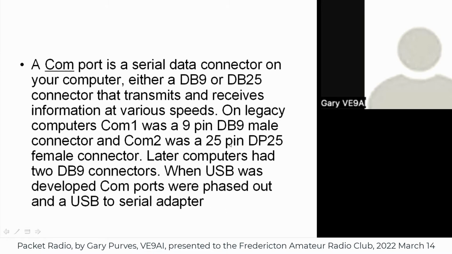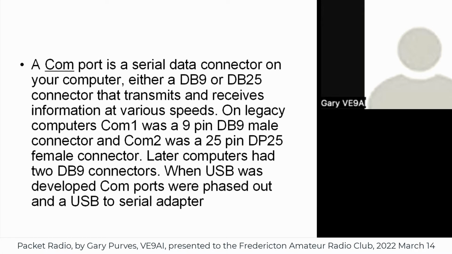Of course, a COM port is a serial data connector on your computer. Not many computers have a COM port anymore. Either a DB9 or DB25 connector transmits and receives information at various speeds. On the old computers, COM1 was a 9-pin DB9 male connector, and COM2 was a 25-pin female connector.